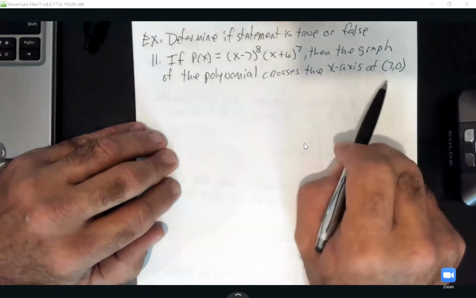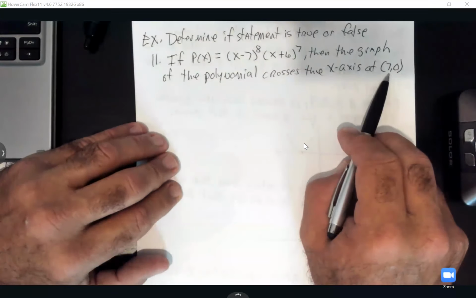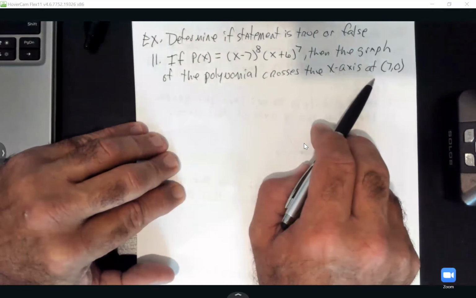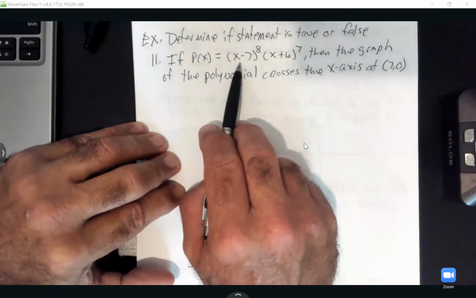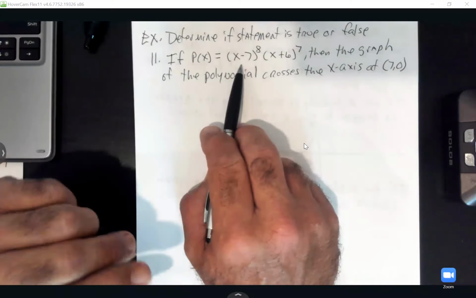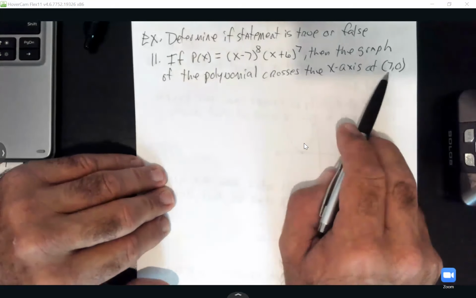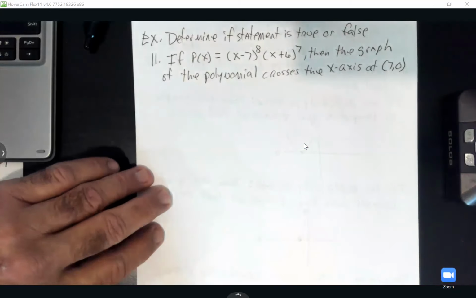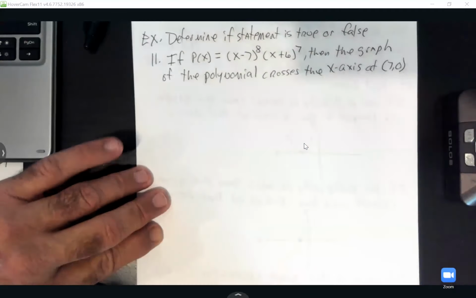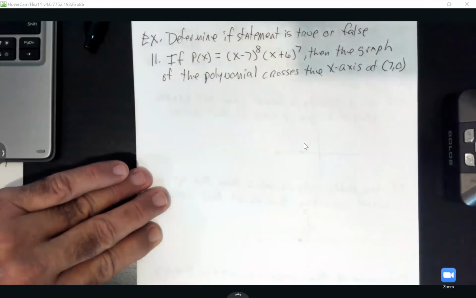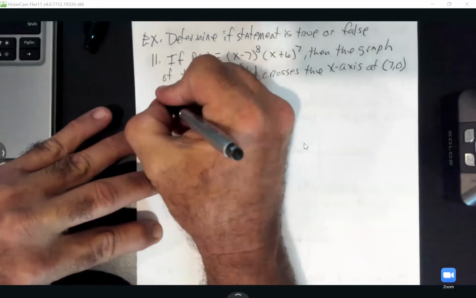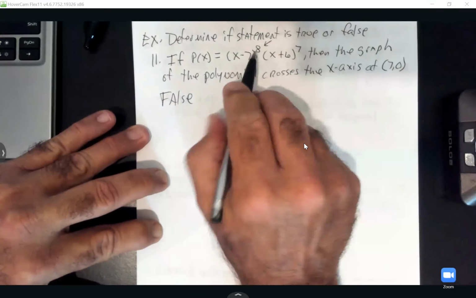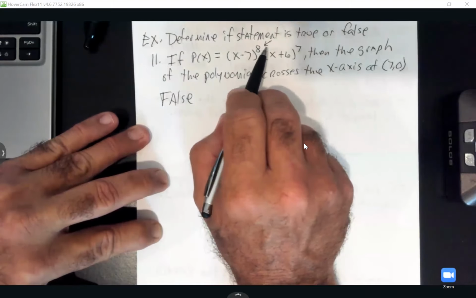True or false? To cross at 7, 0, you have to look at which factor has a 0 of 7. That had to be the first one, right? If you set x minus 7 equal to 0, you get a positive 7. So that's the point they're giving me, 7, 0. So true or false? Is it going to cross the x-axis at that point? False. It is definitely false, because that one has a multiplicity of 8, which is even.